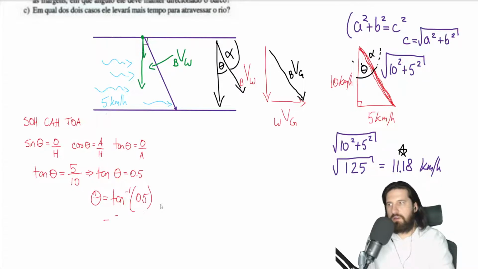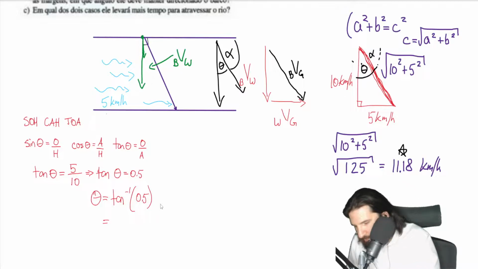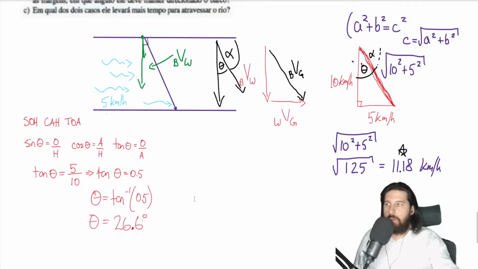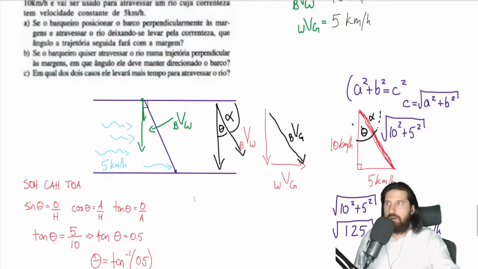So tan to the -1 of 0.5, and we get 26.6-ish degrees. Okay. And is that what they were asking for?